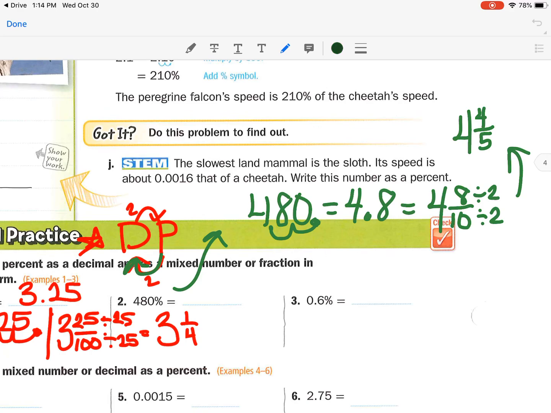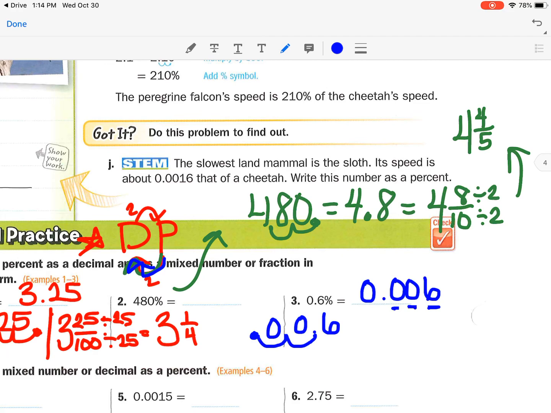All right, let's take a look at another one. 0 and 6/10%. So here I am at 0 and 6/10%. I'm going again from a percent to a decimal, which means I'm going to move it 2 places to the left. 1, 2. I'm going to annex a 0, and I'm left with 0.006, and I'm going to look at my tenths, hundredths, thousandths.